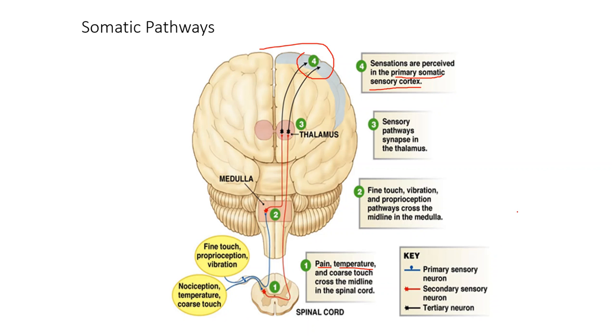Okay. And remember that between a primary sensory neuron, which is the one that really is responsible for picking up the signal, there are always interneurons basically between that and neurons, for instance, that are present in the thalamus or in the cortex.